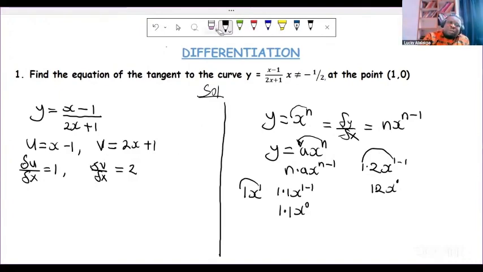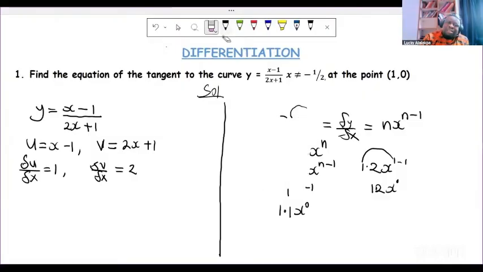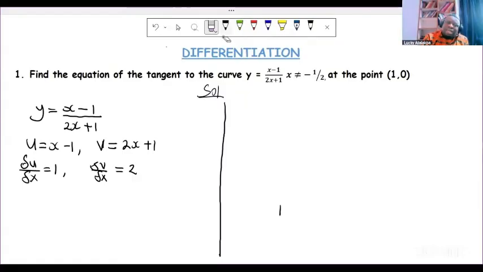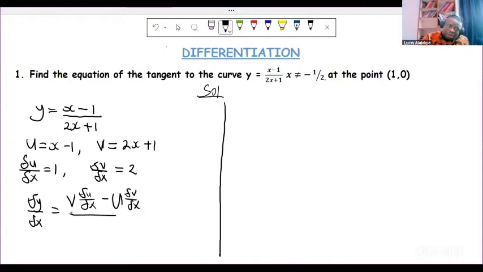So I am going to apply a very straightforward formula. The formula to differentiate dy/dx for divisions like this, we call it the quotient rule. So dy/dx will now become v du/dx minus u dv/dx, over v squared.